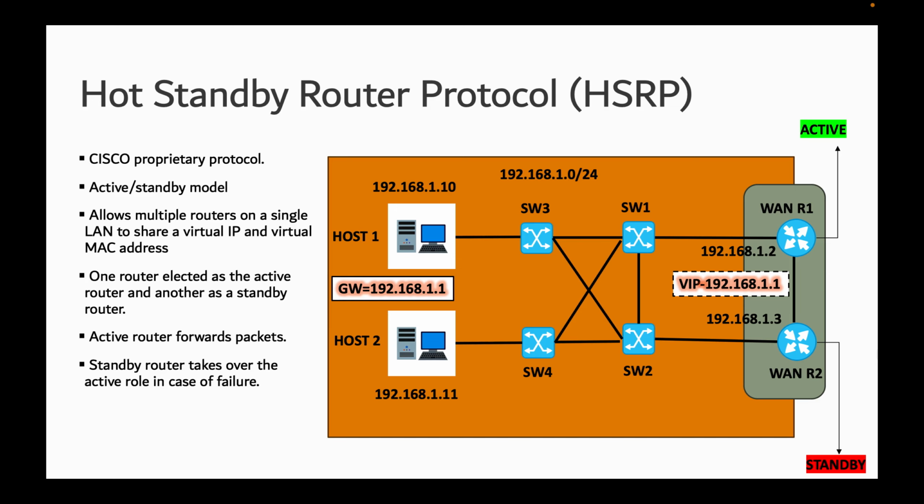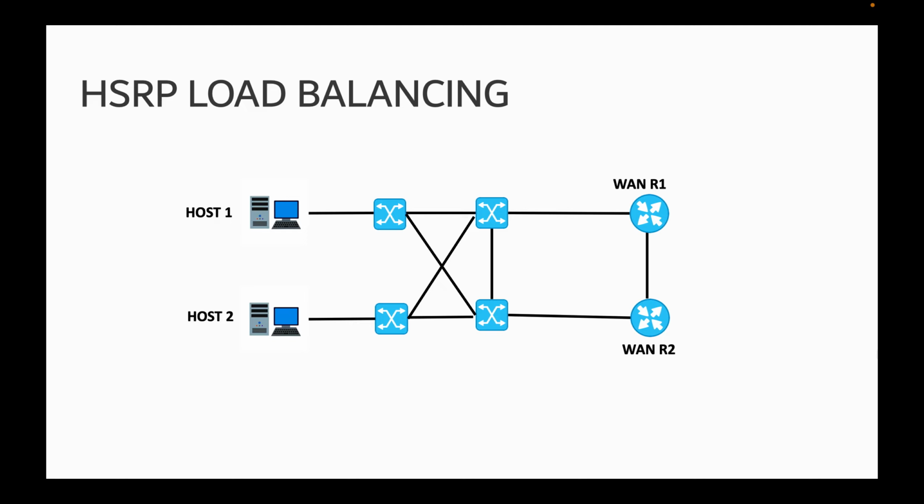The active standby model of HSRP has another drawback: in one subnet, all hosts send their packets through only one router. But HSRP does support load balancing. So you can make both routers forwarders by load balancing between them.